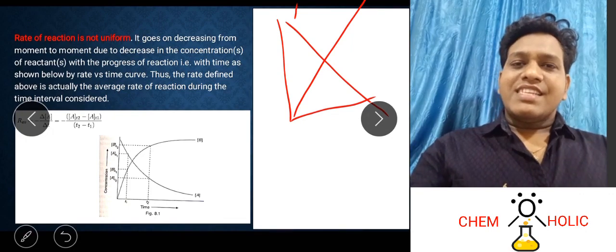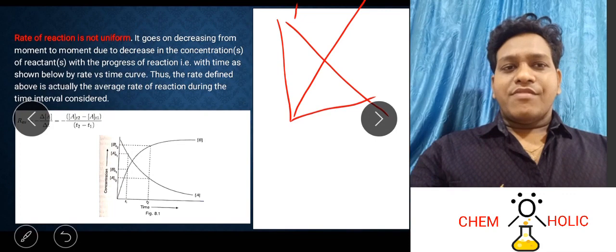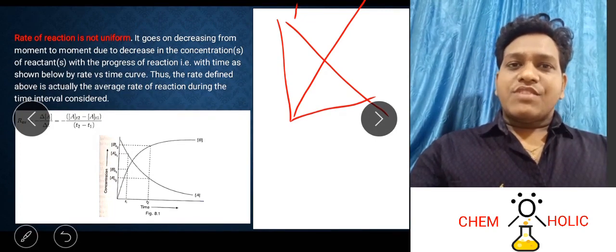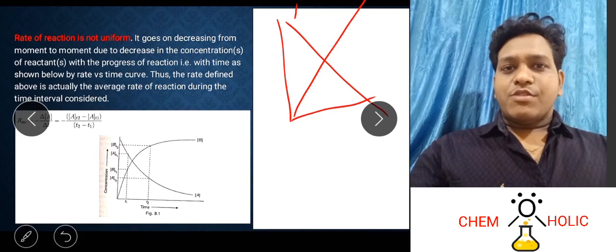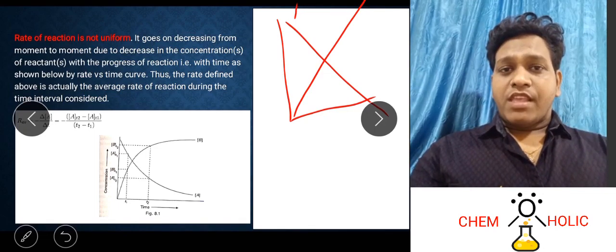Let's understand this with the help of a basic, day-to-day life example. Take a glass of water whose temperature was room temperature, 25 degrees. Put a thermometer in that. Now you start heating that particular glass. What will happen?